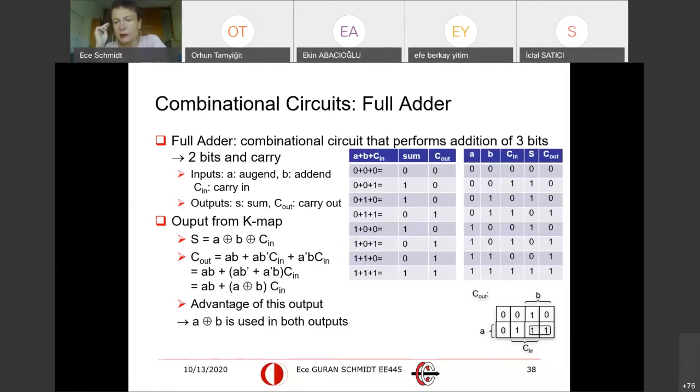So it takes 2 operands, 2 bits A and B, and a carry input from, if such thing exists, a previous stage of the adder. And it generates a sum and carry out.